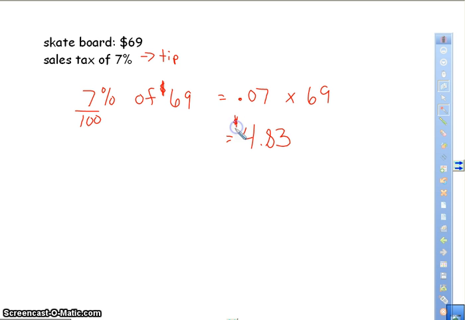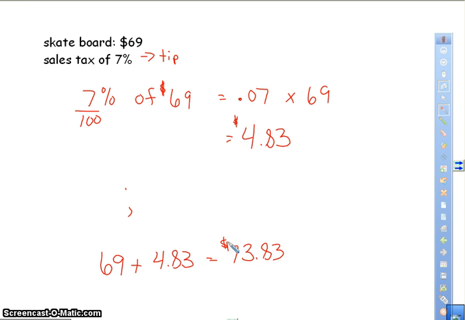This is my dollar amount. Because it's a sales tax, using the same properties of a tip, we take our price, which was 69, and add the $4.83 to that, and you get $73.83.